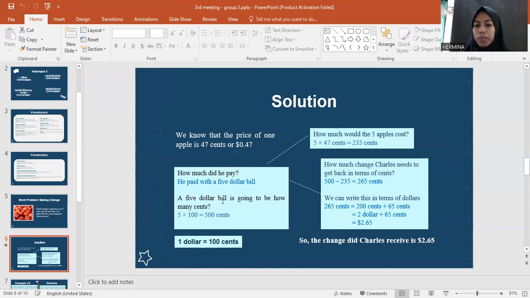A $5 bill is how many cents? If we convert dollars into cents, we just multiply by 100. So 5 times 100, or 5 multiplied by 100, is equal to 500 cents. Here we also see that $1 is equal to 100 cents. Next, how much would the apples cost?